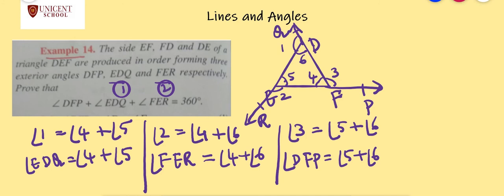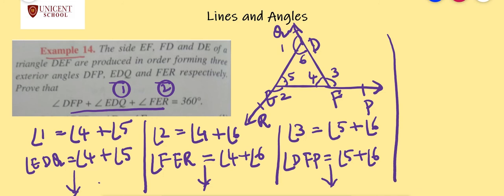So let me name these as A, B and C. These three we are supposed to add, because according to the question it is given as the sum of these three angles. By adding these A, B, C equations, what do we get?